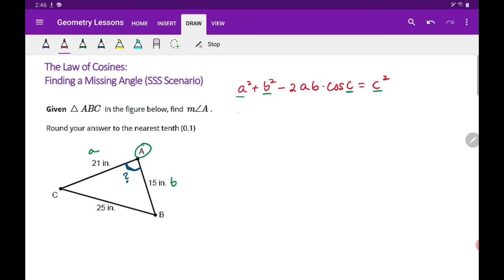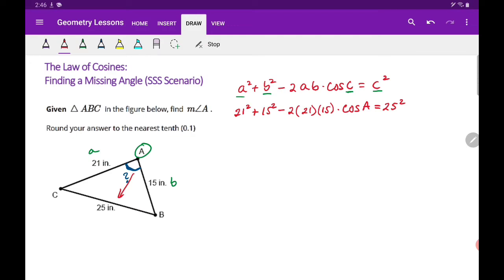It's going to be 21 squared plus 15 squared minus 2 times, just copy those two, A and B, 21 times 15 times cosine, well, our C is A, so it's going to be cosine A, because eventually we're going to be finding the measure of angle A. It's going to be equal to, well, C is the opposite. That's your C right here, 25 squared.